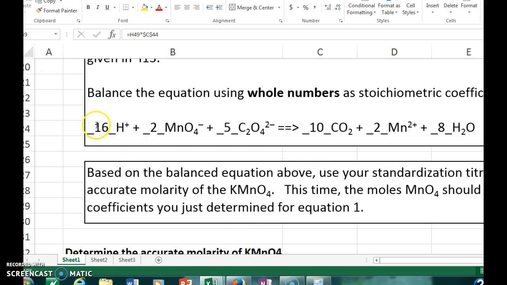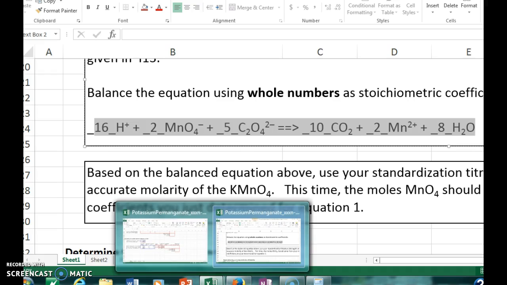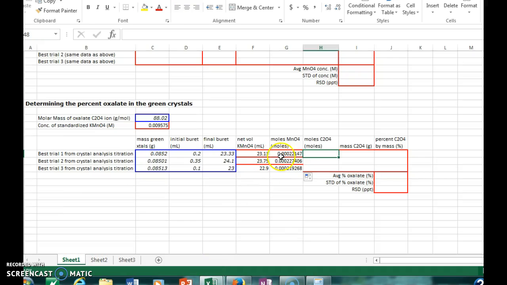Okay, to find moles of oxalate, you need to go to the balanced equation. So this is your balanced equation right here. We are trying to find moles of oxalate, so that 5 goes on top. We are trying to convert from moles of permanganate, so that will go on the bottom. So basically you're just going to be multiplying this number right here, and I'm sorry these are so small.